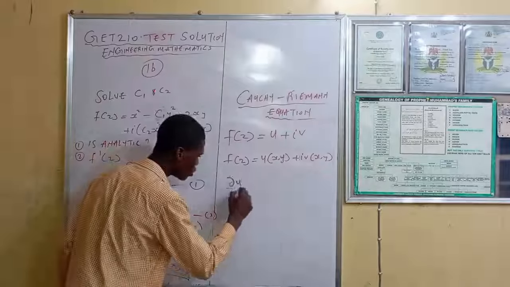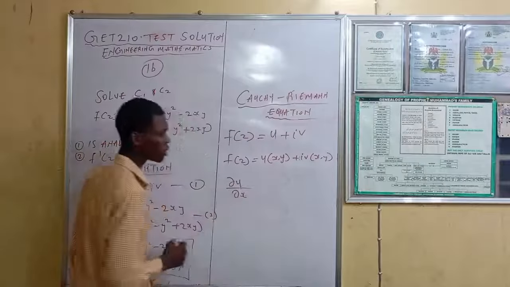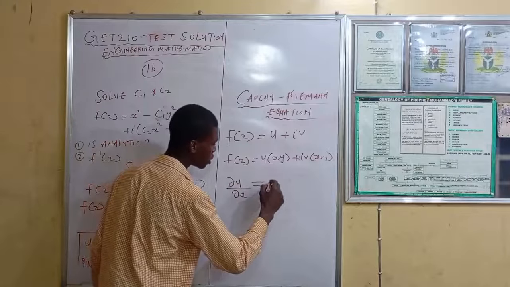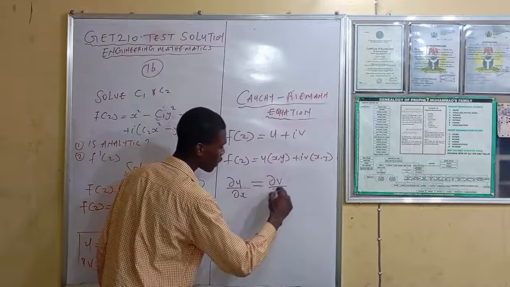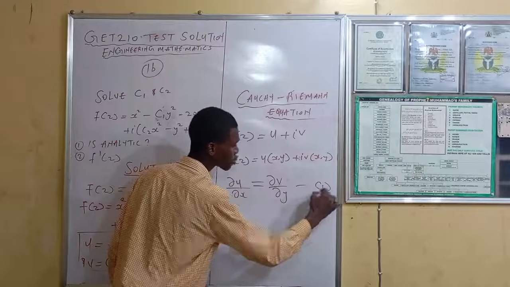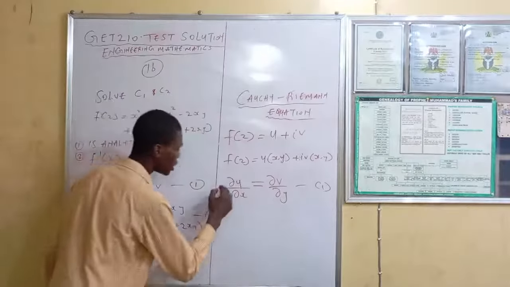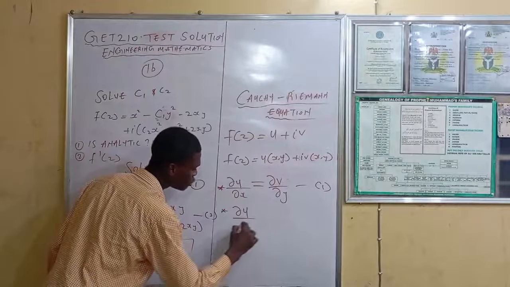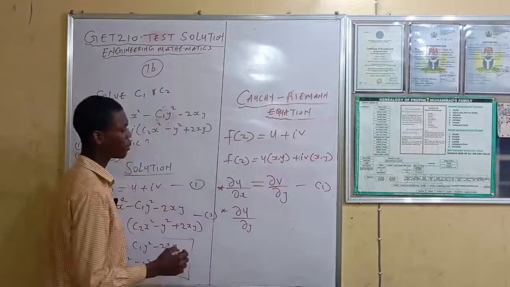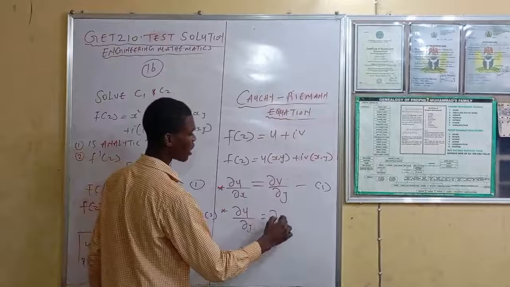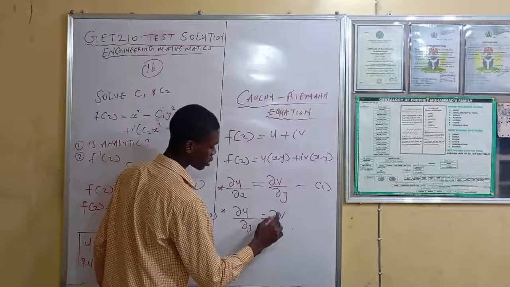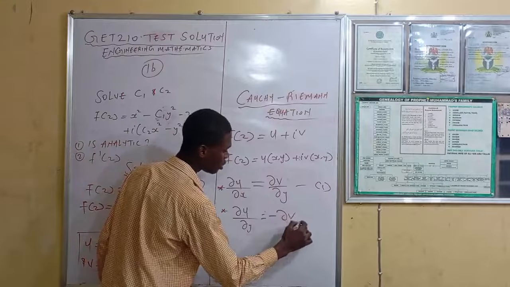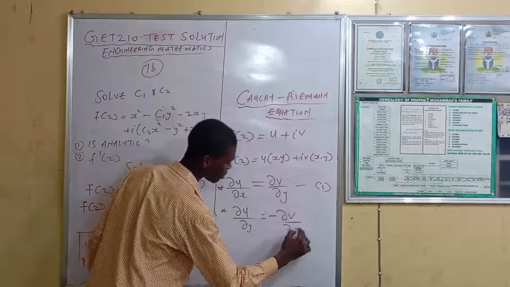The partial derivative of u with respect to x is equal to the partial derivative of v with respect to y. This is the first condition. Then the second condition is the partial derivative of u with respect to y is equal to minus the partial derivative of v with respect to x.